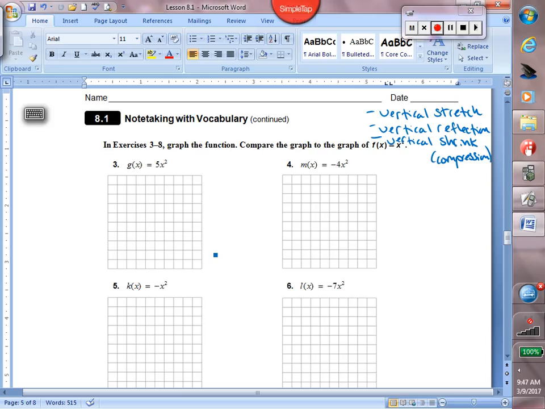So let's take a look. Number 3, there's our x squared, there's our parent function. It's being multiplied by 5. 5 is larger than 1, so we're going to have a vertical stretch. In number 4, we're multiplying by -4.